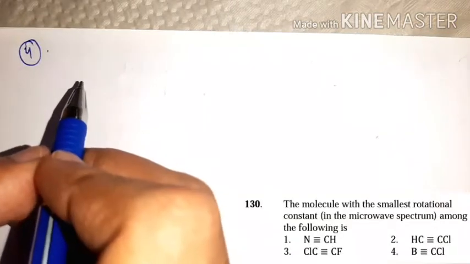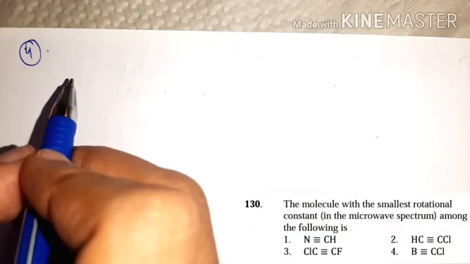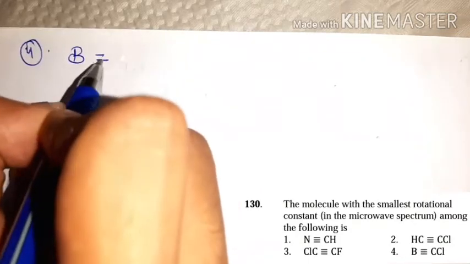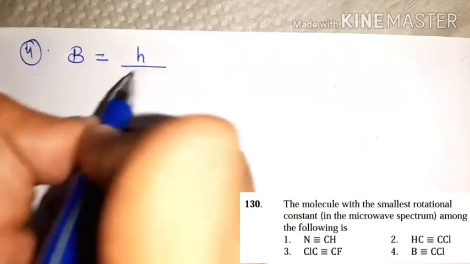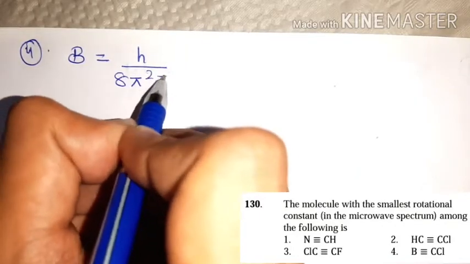Now see friends, when you talk about the rotational constant in microwave spectroscopy, the formula of the rotational constant is B = h by 8 pi square Ic.